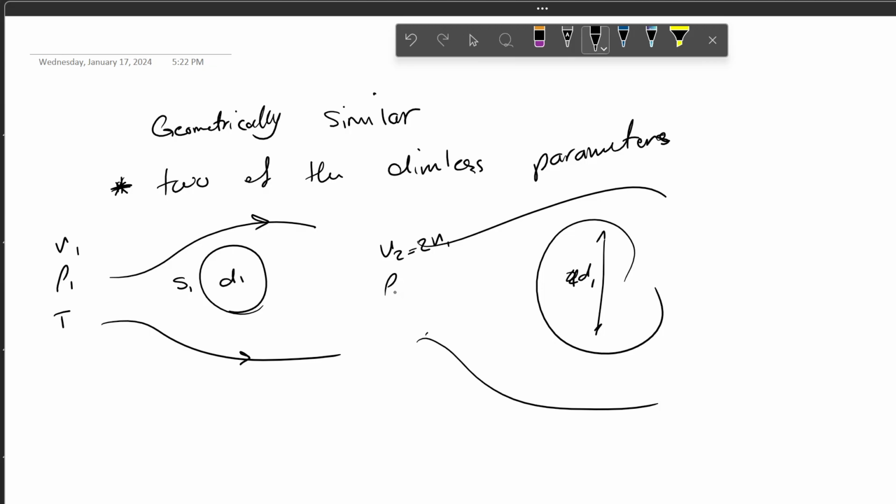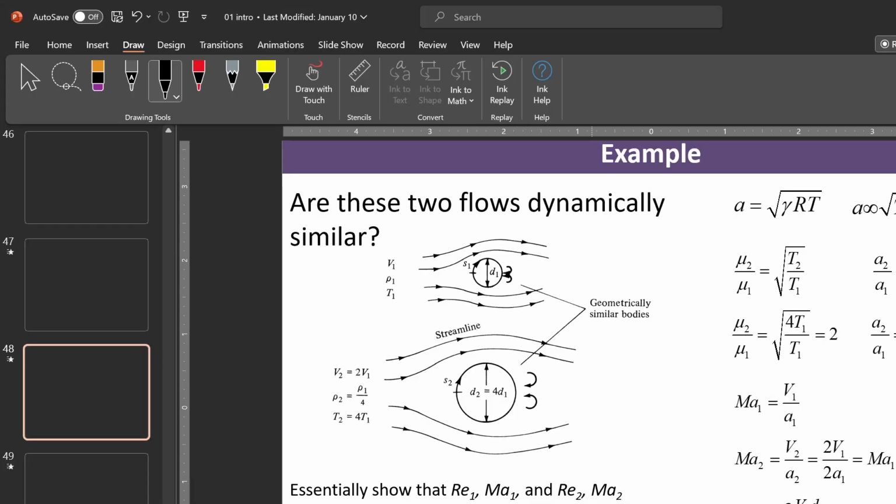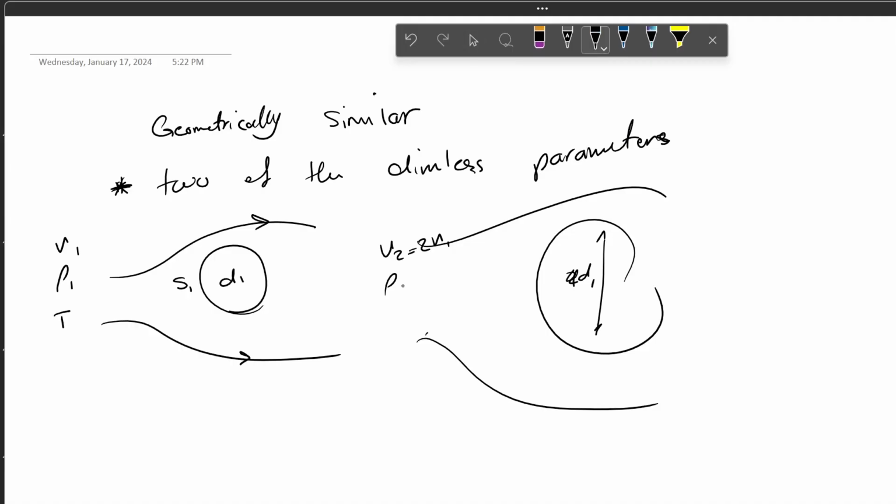I don't remember the density and temperature. Divided by 4, and temperature is 4 times as well. So rho 2 is rho 1 divided by 4, and T2 is T1 times 4. We want to investigate whether these two flows are dynamically similar.